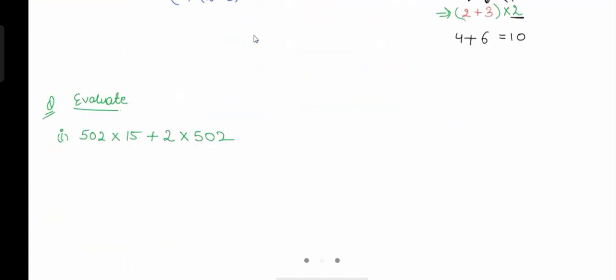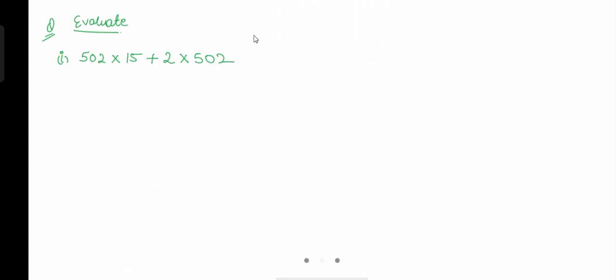that says: evaluate 502 multiplied by 15 plus 2 multiplied by 502. Now we know one thing, that according to the BODMAS rule, you have to multiply this number with this and you have to multiply this number with this, right?